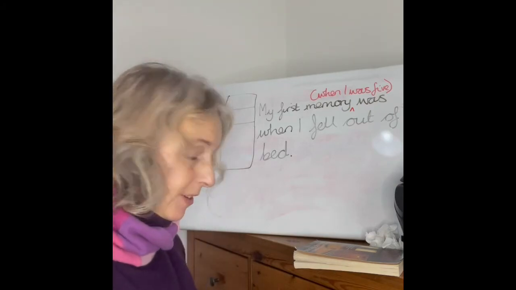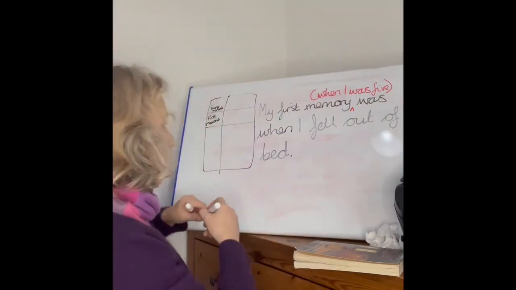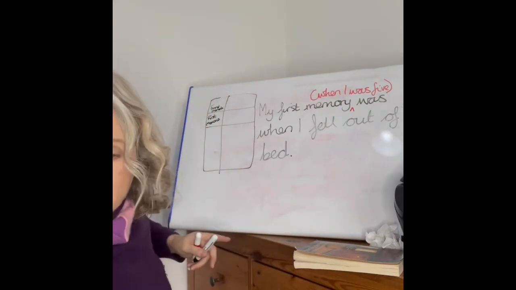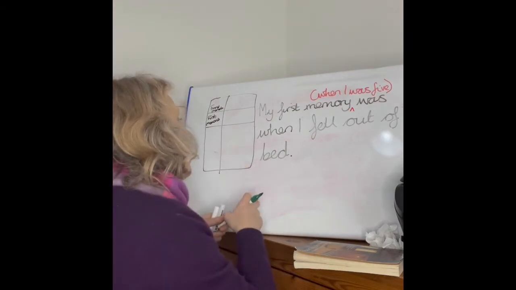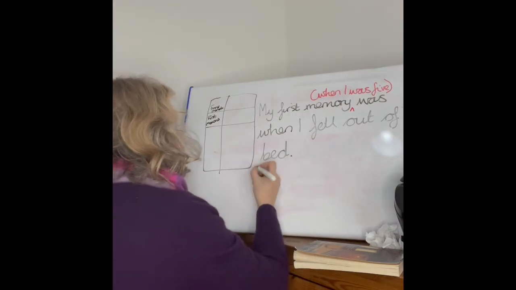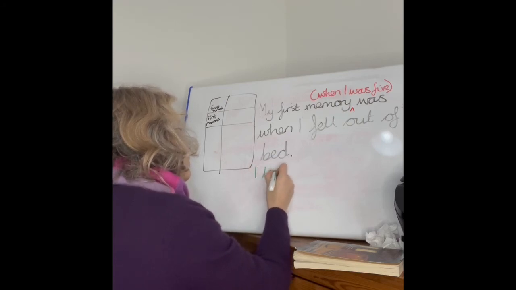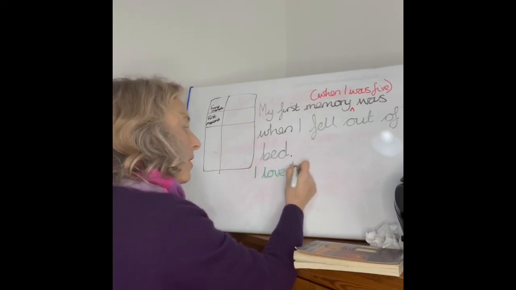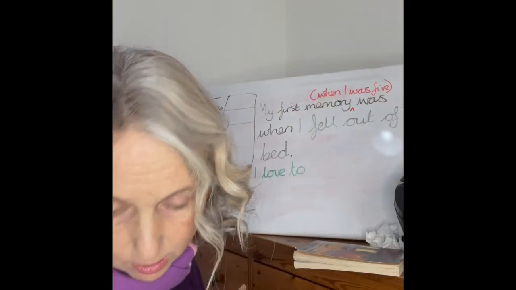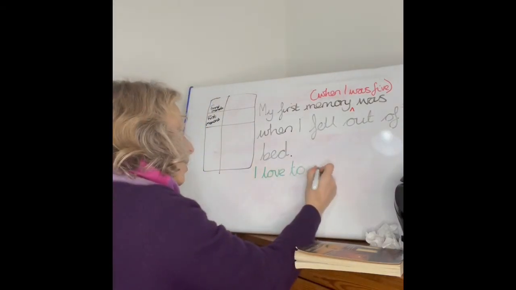I'll do you one more example before I go. My next example, I'll write in green pen this time. I love to go dancing. I think this was one that was on the sheet. Yes, it was. I love to go dancing.